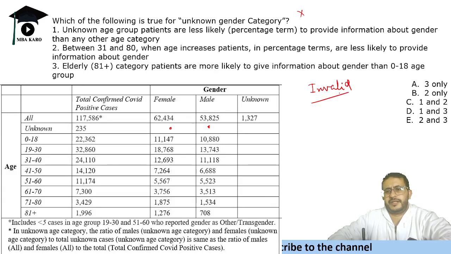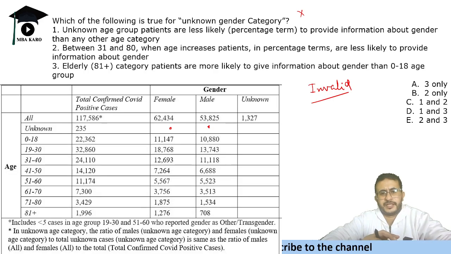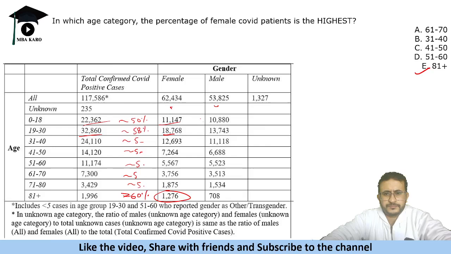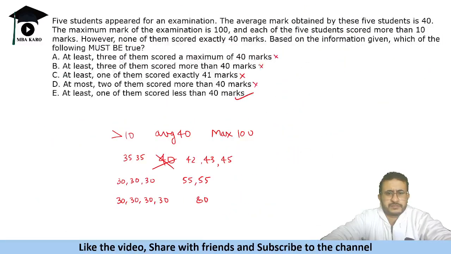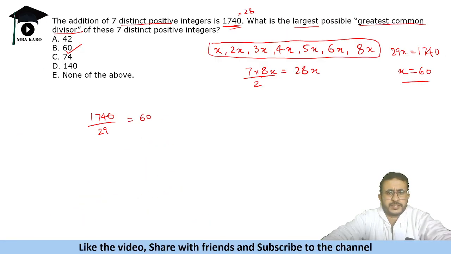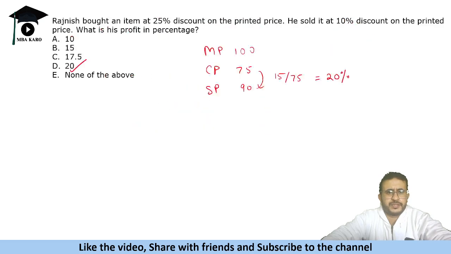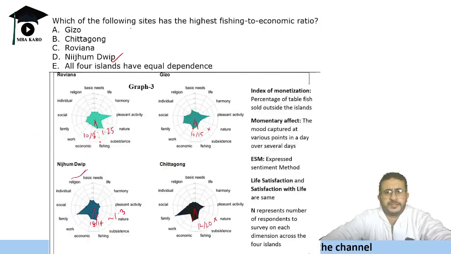So four invalid questions in this paper: two from this DI set, another question on that X and Y upon P, that 7P one, although it was taken as none of the above, and one more invalid that we figured out, which was the slip based question. So there were a few invalid questions in this paper.